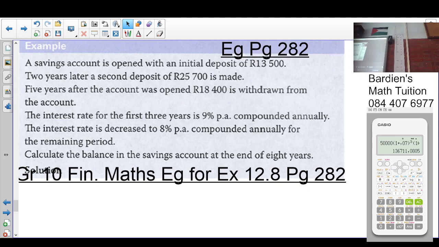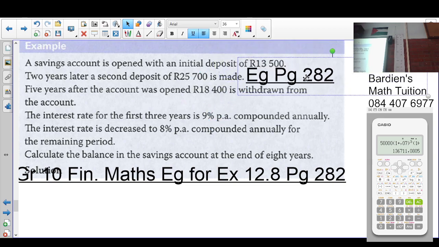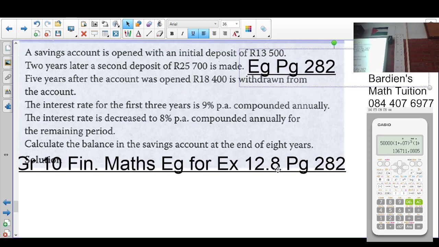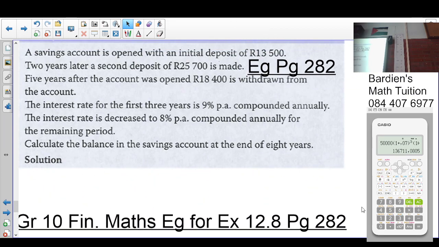So here we are told that a savings account is opened with an initial deposit. What does initial mean? Starts, so the first, okay? So again, timeline.